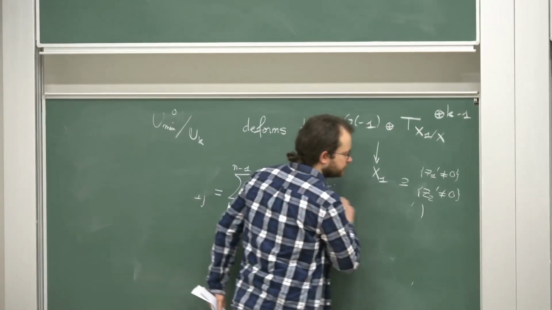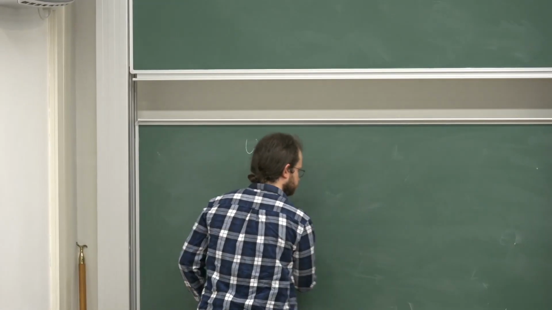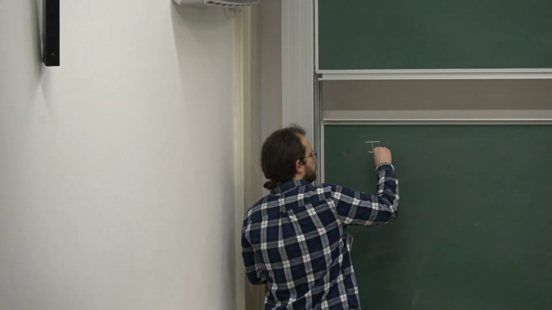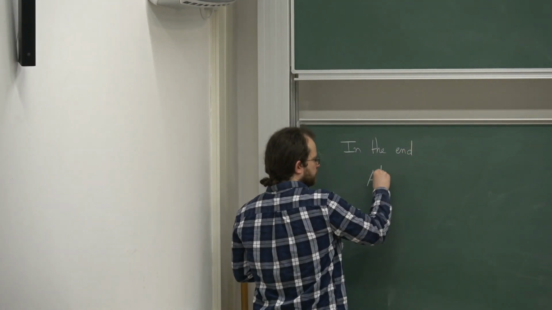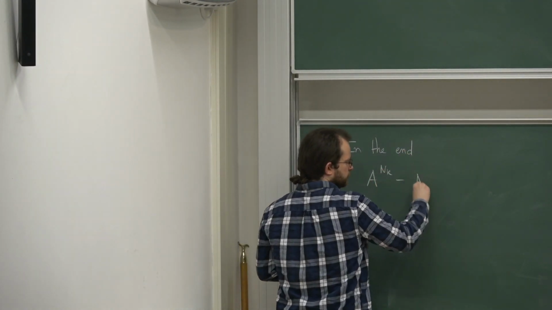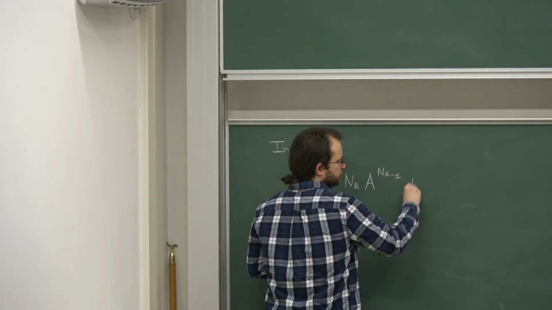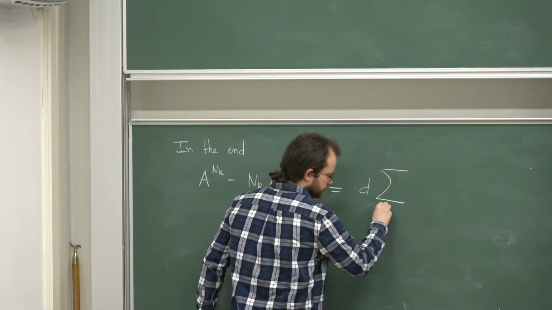In the end, you can rewrite the intersection number as a polynomial in the degree. Not any polynomial, it looks that way.